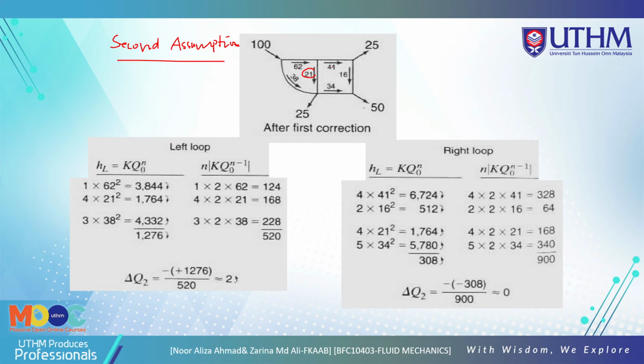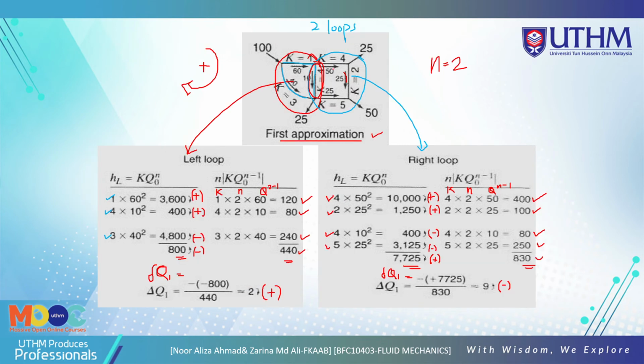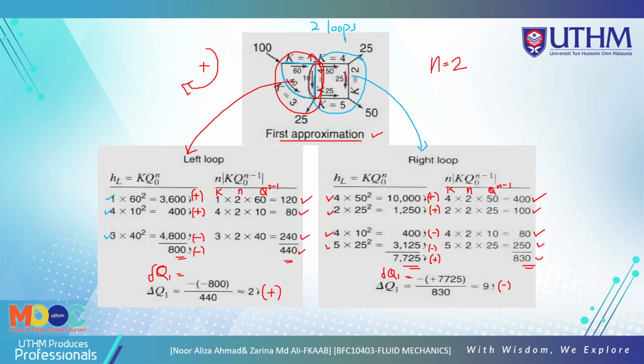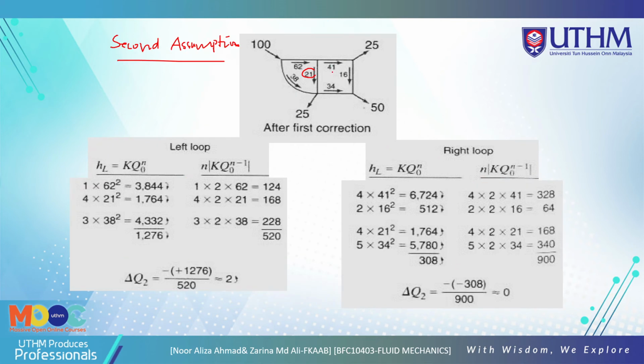And the 38. Now at the pipe here, it is 50. You minus the 9, because this is positive but the delta is negative, so 50 minus 9 gives 41.